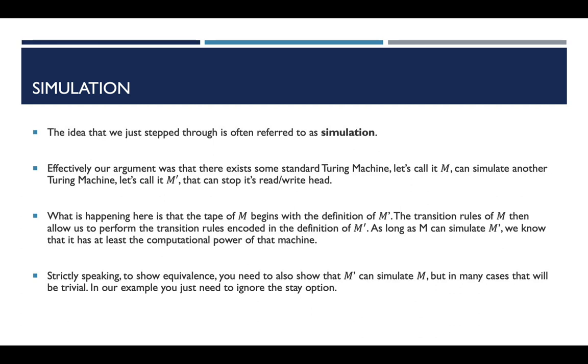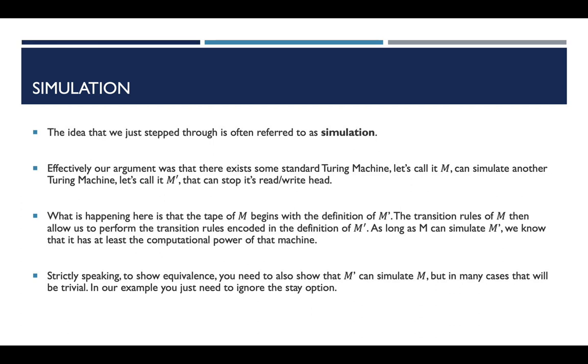And so if you think about our previous example, in order to simulate a standard Turing machine using our definition from last week, with a Turing machine with a stop option, all you have to do is ignore the stop option or the stay option.